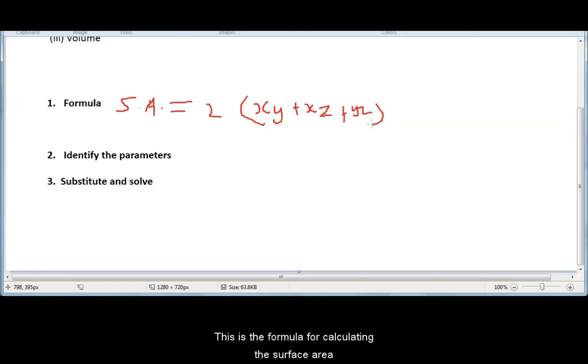This is the formula for calculating the surface area. X is the length and is equal to 5.